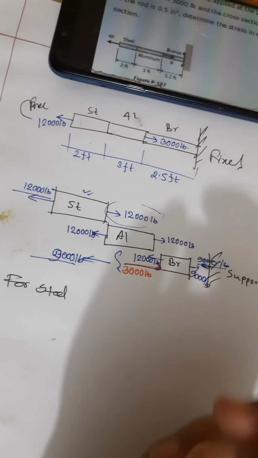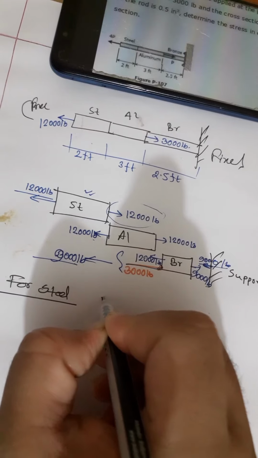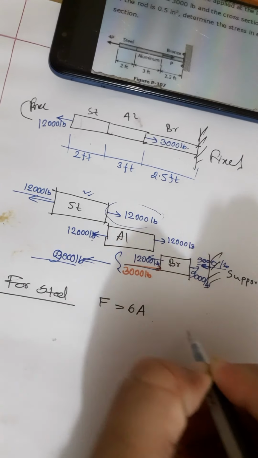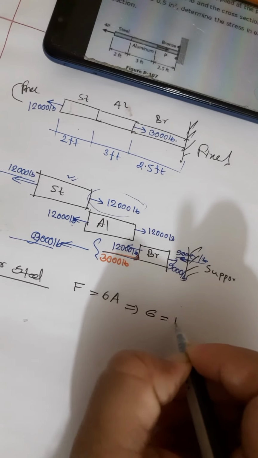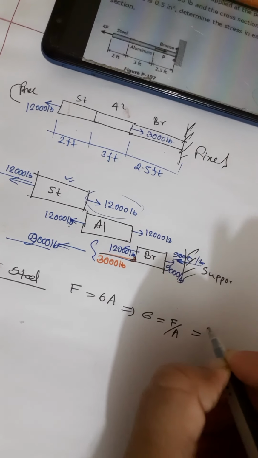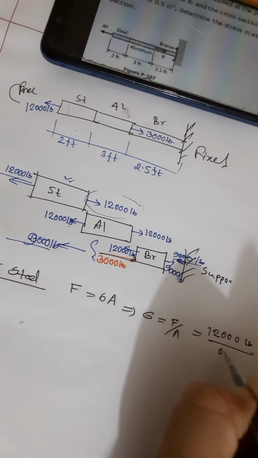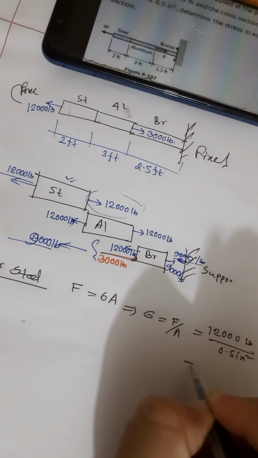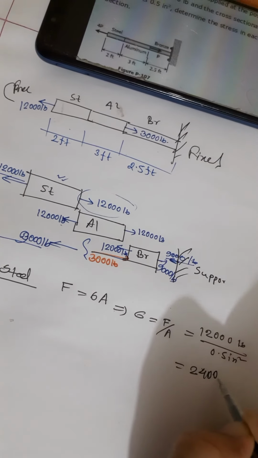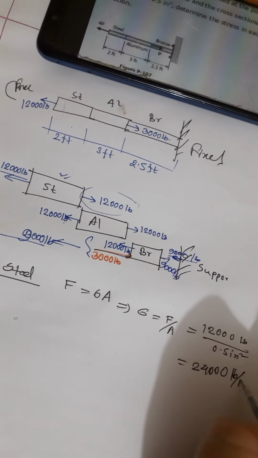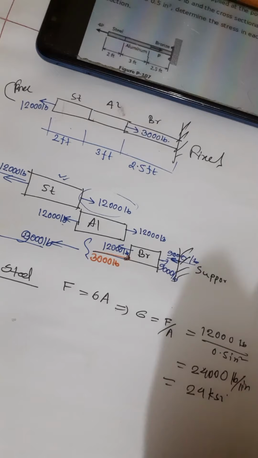For steel, F equals sigma A, that is sigma equals F by A, that is 12,000 pound by 0.5 inches square, that is 24,000 pound per inch square, so 24 KSI.